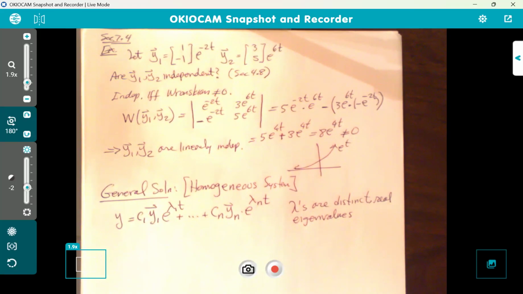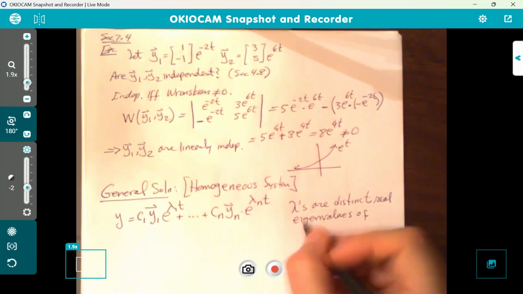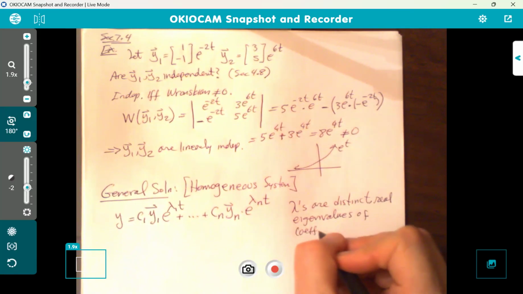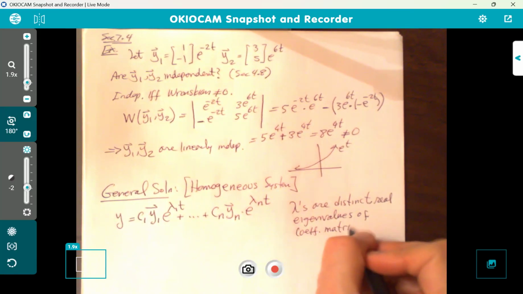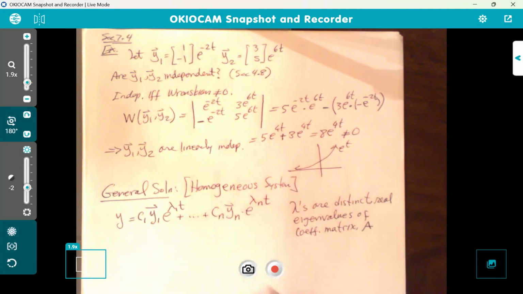Eigenvalues could be complex, depending on how the characteristic equation turns out to be, but we're only looking at real ones. So these are distinct real eigenvalues of the coefficient matrix A of this homogeneous system.